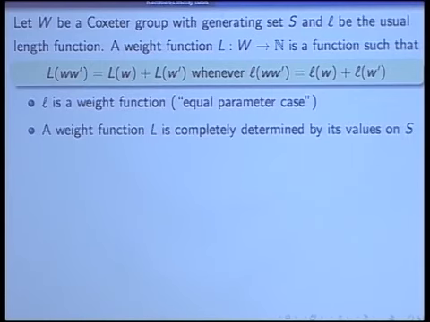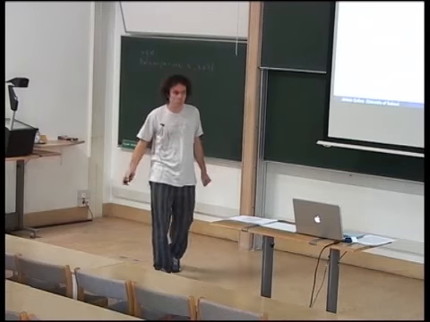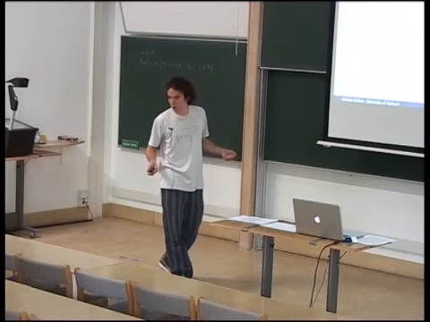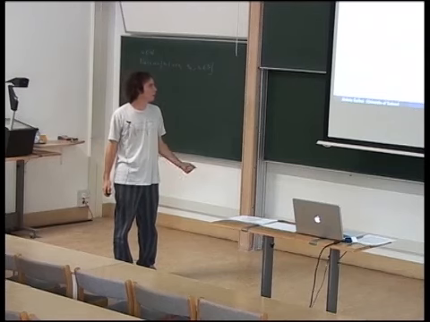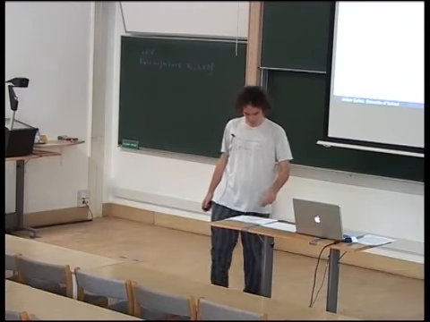Next thing is that the weight function is completely determined by its value on S. Well, you just take an element w in your group, you write it as a product of n generators where n is the length of w, and then the weight of w has to be the sum of the weights of the s_i. So taking a weight function on W or fixing some weights on the generators is the same thing. But for everything to work well, you need as well that the weight of s equals the weight of t if s and t are conjugate.